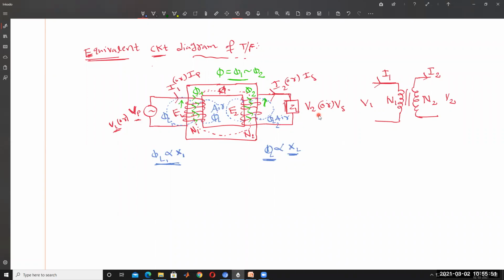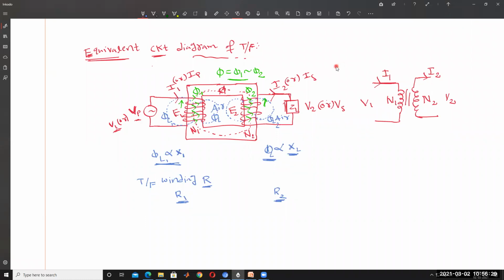And then the transformer winding has some resistance, which is represented by R. For the primary it is called R1. For the secondary side it is represented as R2.